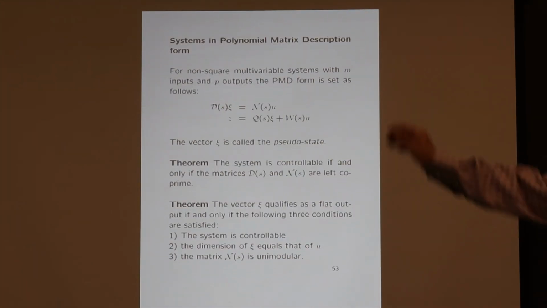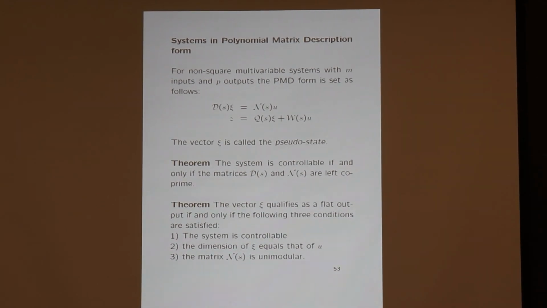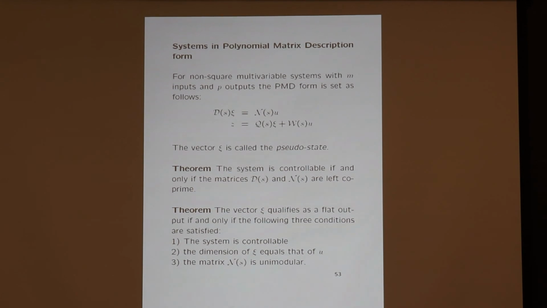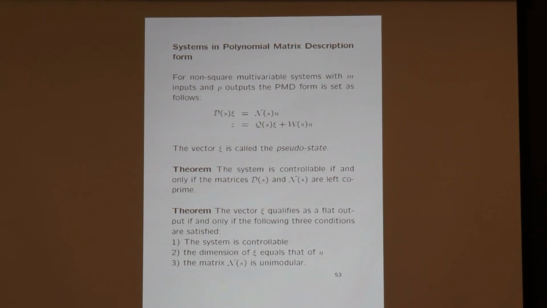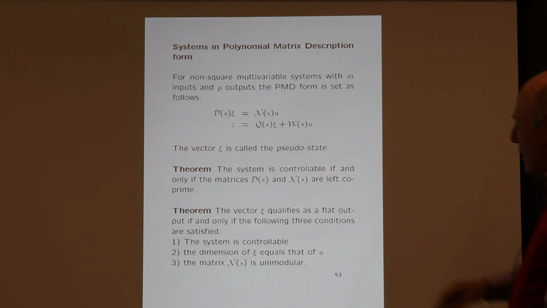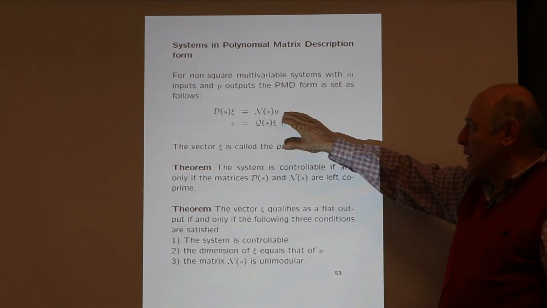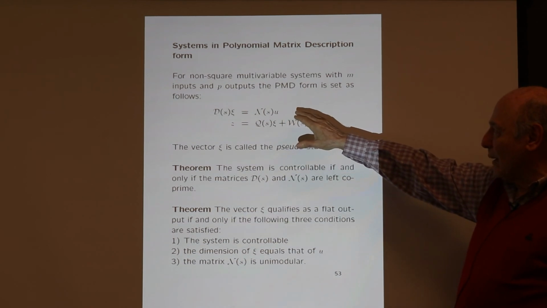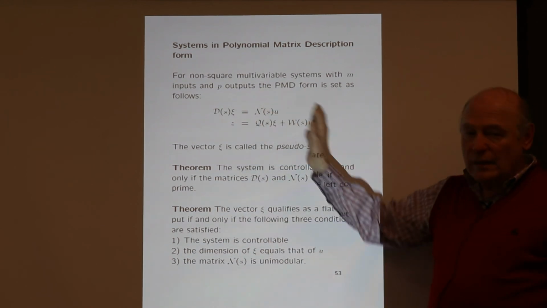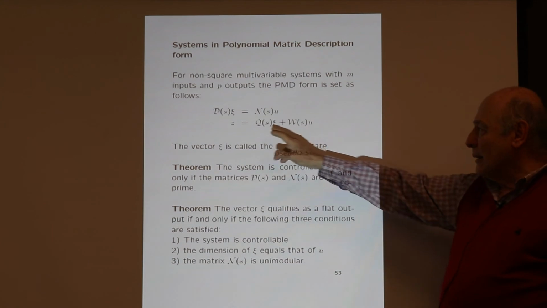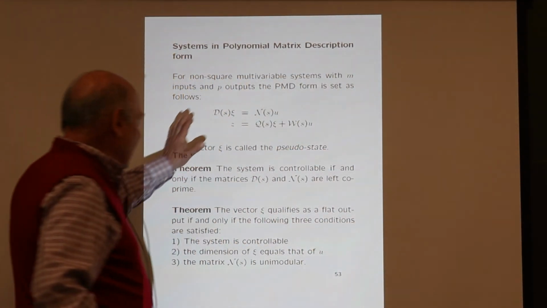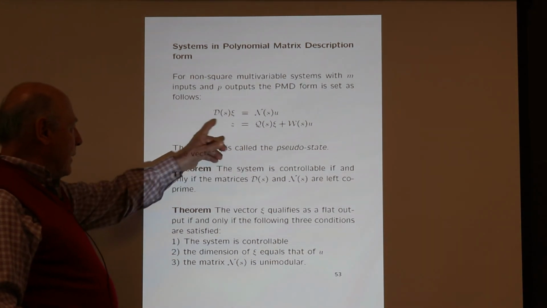Let's just see these two next slides, and we'll leave the state space representation for the next lecture. The other representation for linear multi-input, multi-output systems is the so-called polynomial matrix description, and in this case you have something similar to a state space representation.